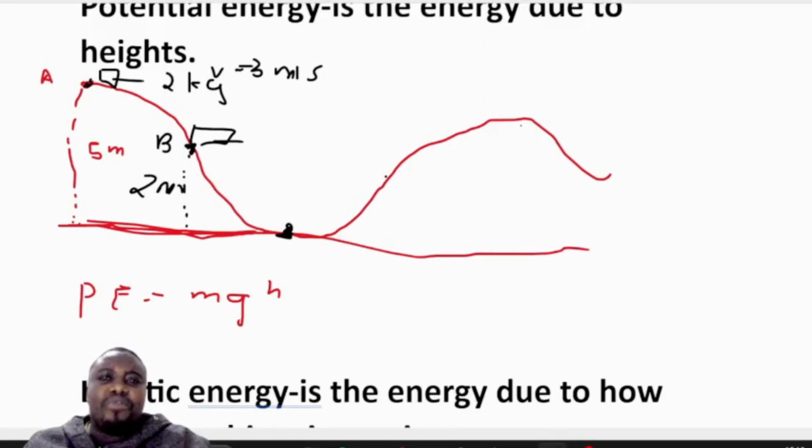It's just that when you are moving down, the potential energy decreases, but the kinetic energy increases. So at each and every point, they balance in such a way that the mechanical energy is equal.